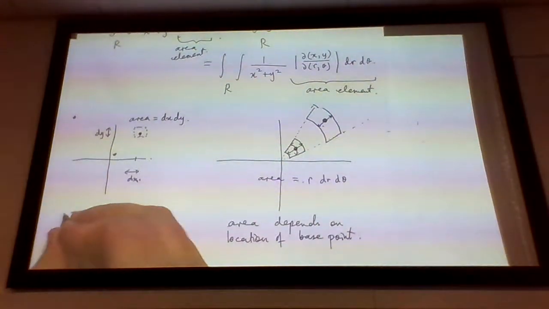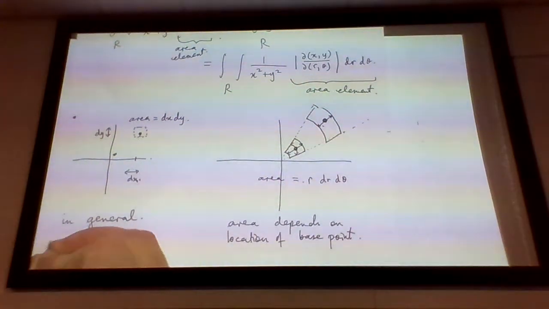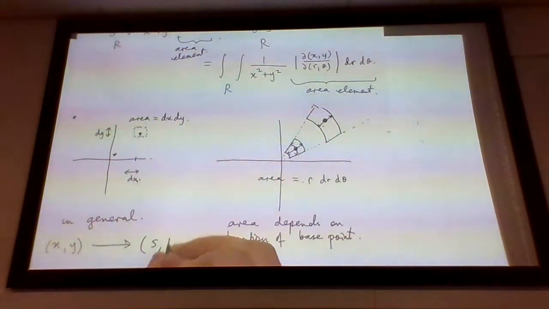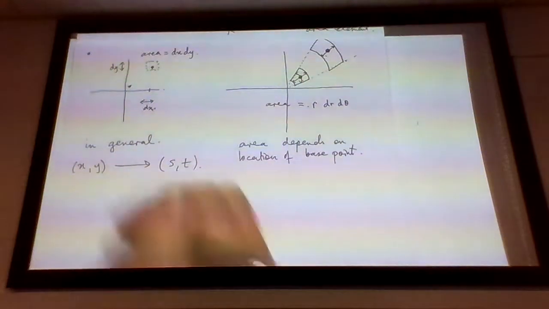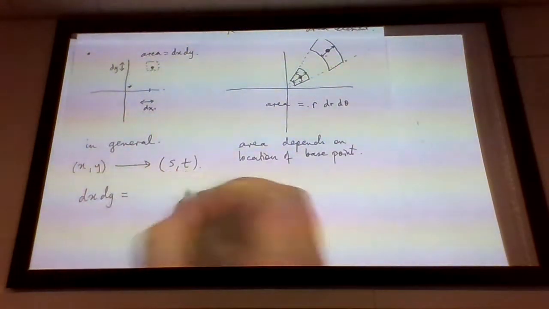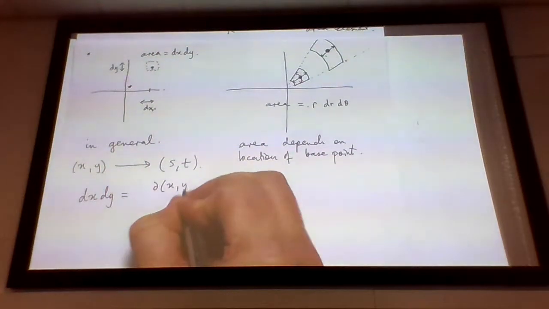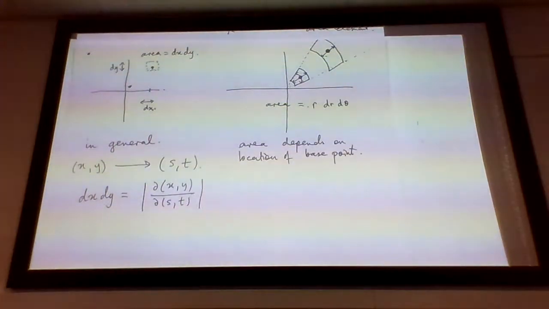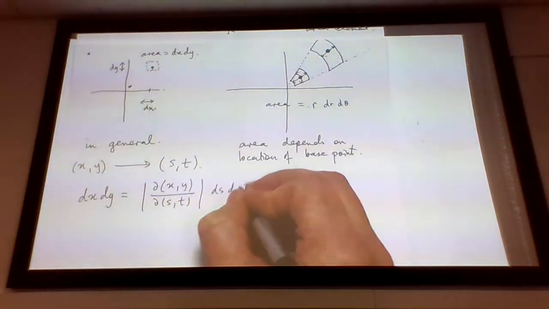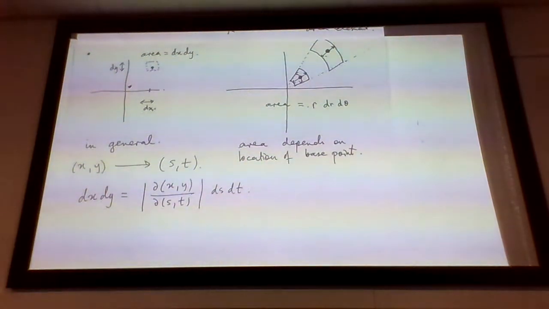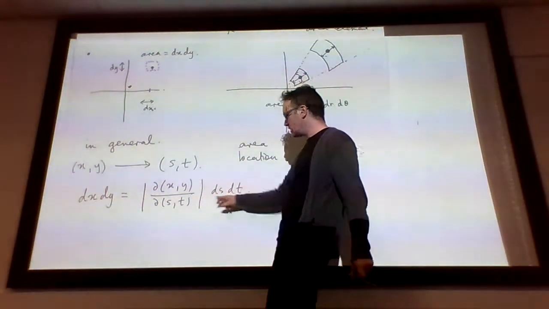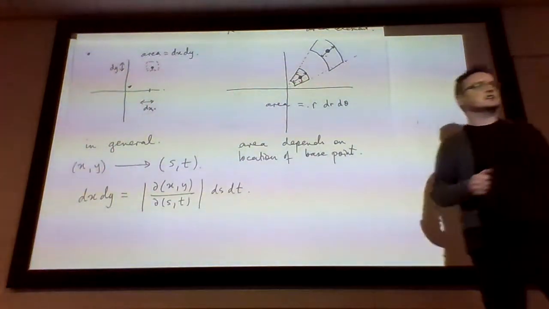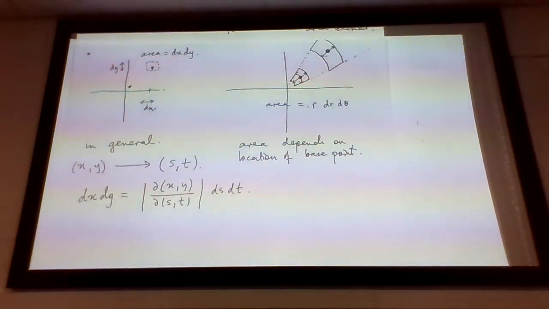And in general, if you go from the Cartesian coordinates to any other pair of coordinates s and t, the area element dx dy will always be, you take the value of the Jacobian determinant of the transformation from one system of coordinates to the other, and the area element in the other coordinate system will be the product of the differentials, but maybe scaled by this scaling factor here, which is the absolute value of the Jacobian determinant.